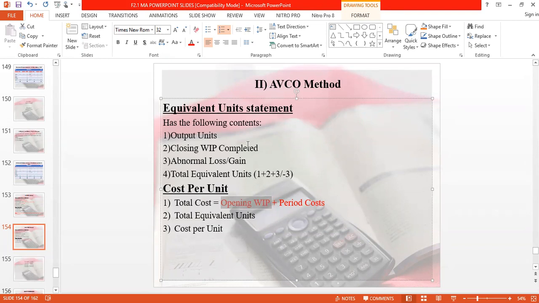Please take a minute to write down these so that you don't ask me many questions. Under AVCO: output, closing, abnormal. And then total cost is opening work in progress plus period.